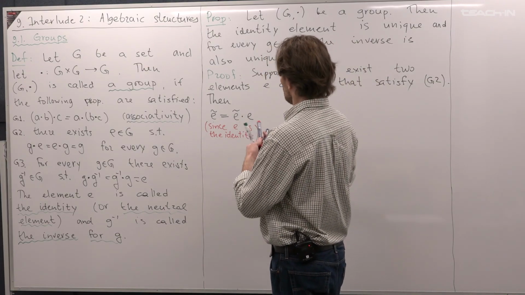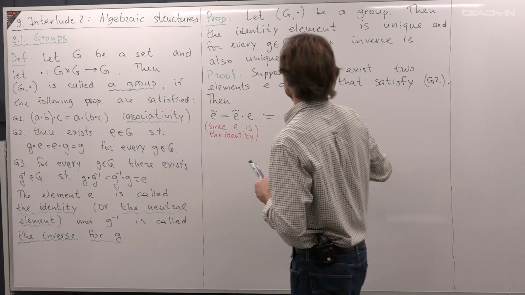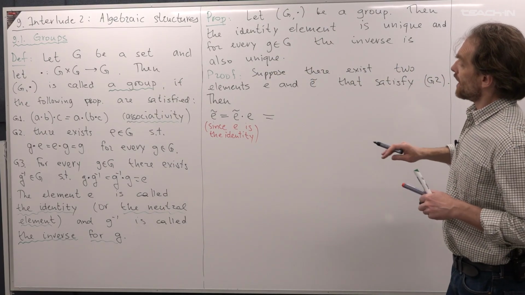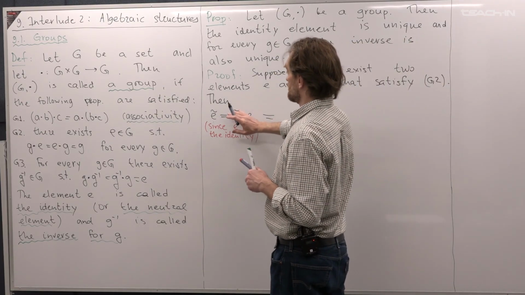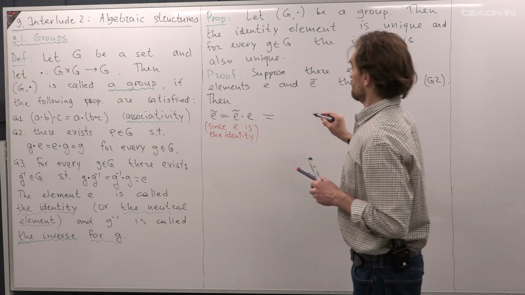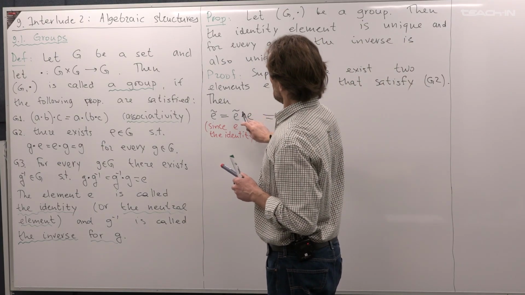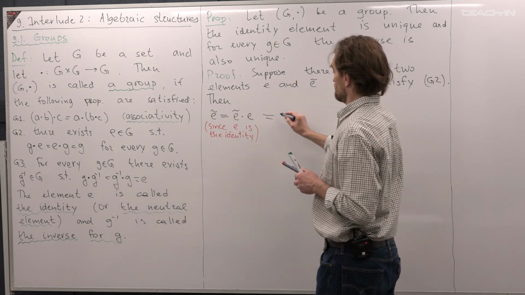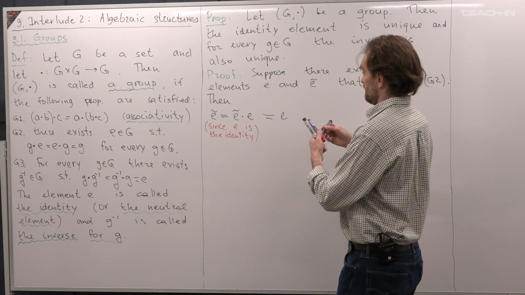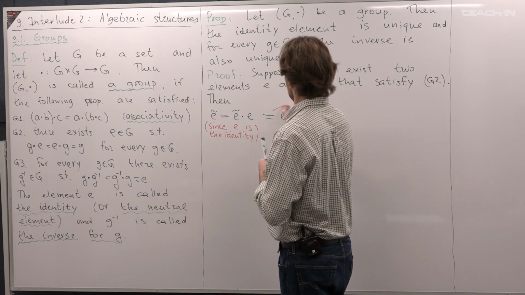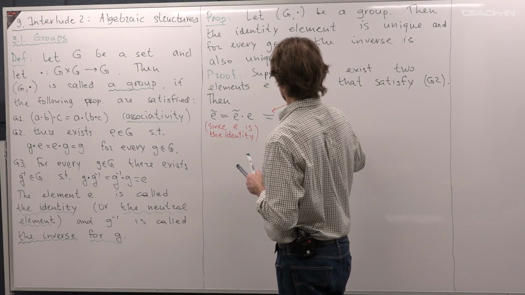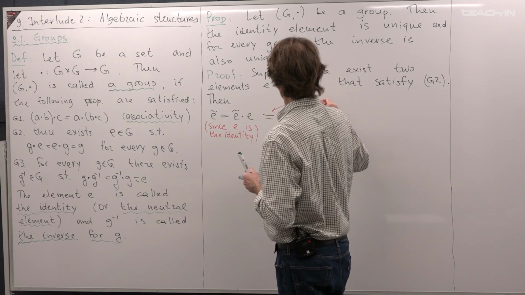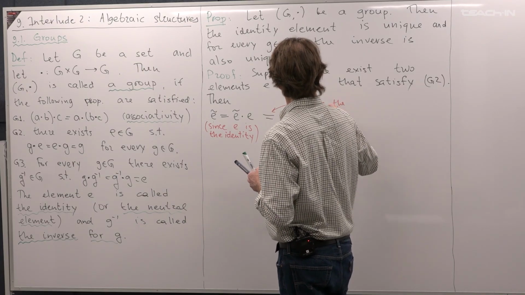But we also know that, according to our assumption, E tilde is the identity. That's why when we multiply some element by E tilde, we should get this element. So this is E. So the second relation follows from the fact that E tilde is the identity.